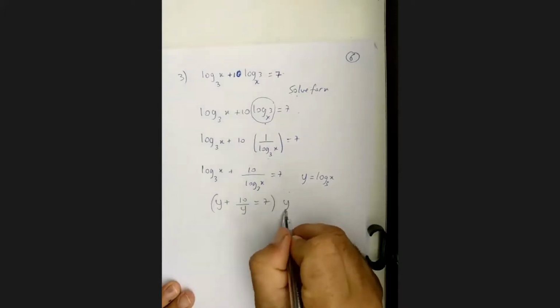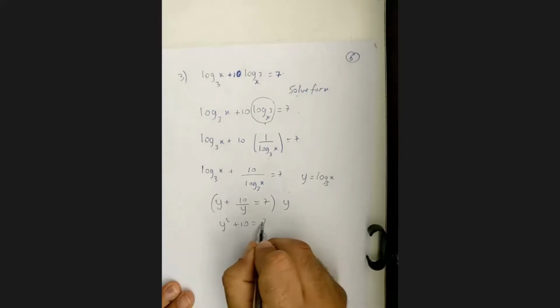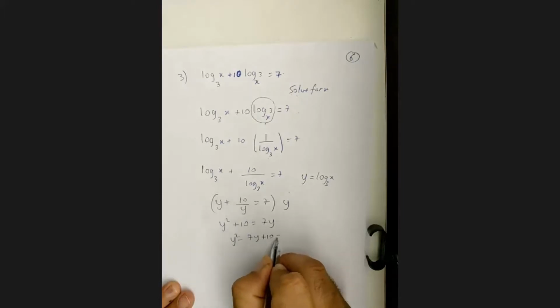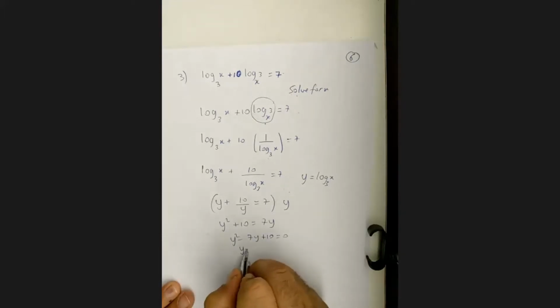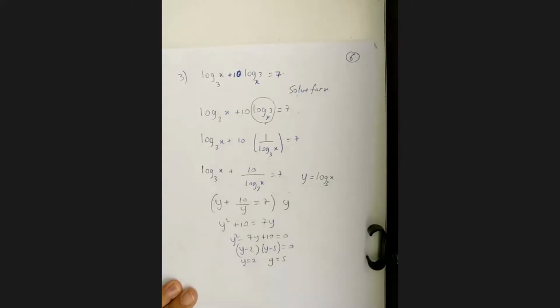Multiply the whole expression by y: y squared plus 10 is equal to 7y. y squared minus 7y plus 10 is equal to 0. (y minus 2)(y minus 5) is equal to 0. y is equal to 2, y is equal to 5.